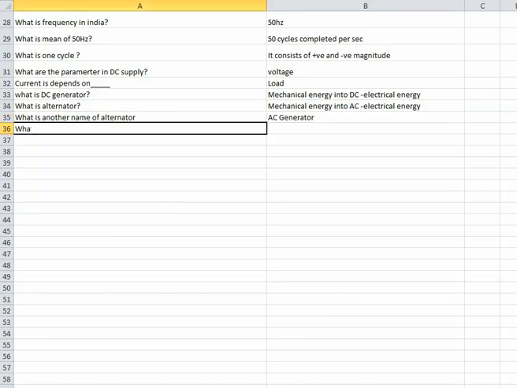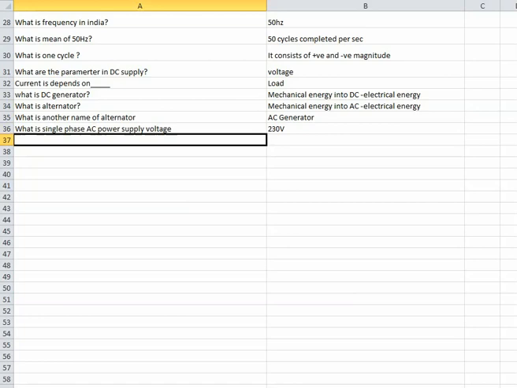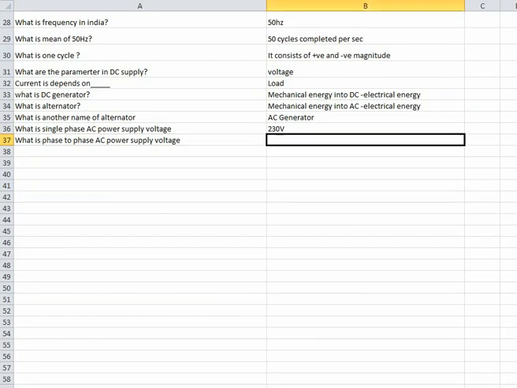What is the single phase AC power supply voltage? 230 volt. What is the phase to phase AC power supply voltage? 440 volt.